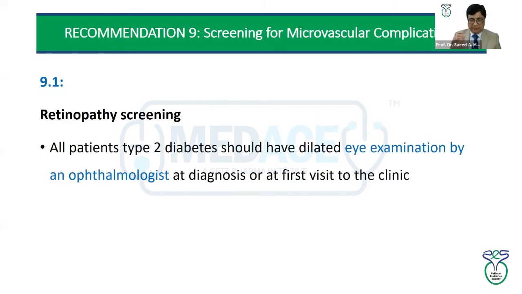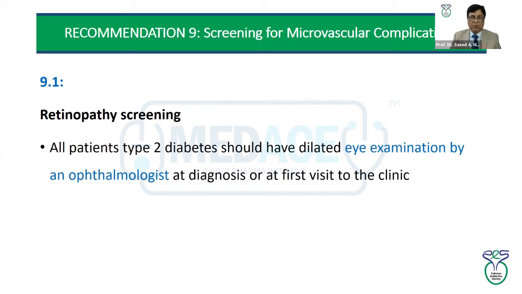But for secondary prevention, as I said earlier, after the first year of PCI, these patients are given dual therapy of aspirin plus clopidogrel. Patients who have retinopathy should have a dilated eye exam by an ophthalmologist.